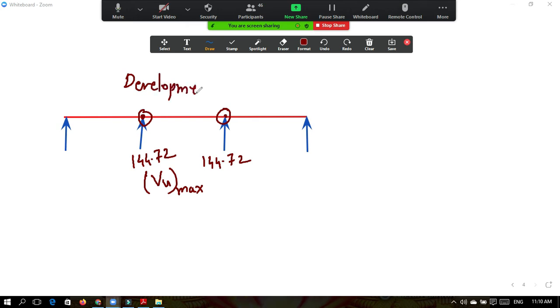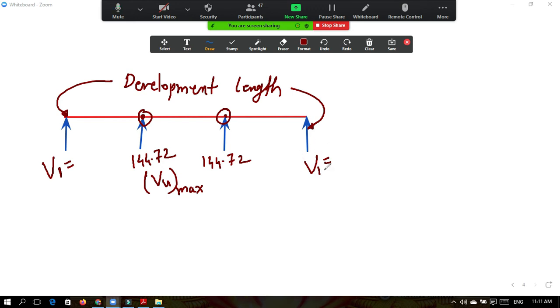Where will the development length always be? It is always at the end support. So this is the point where development length is there. So the V1 value must be here. Whatever the value of shear force at this point, this support, that value is nothing but V1.